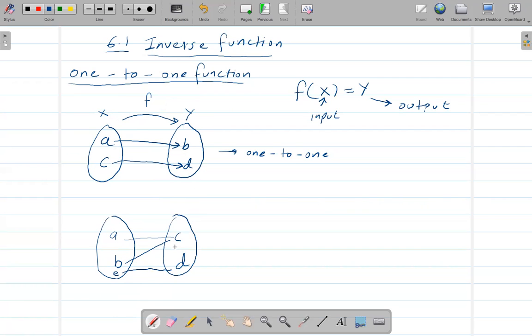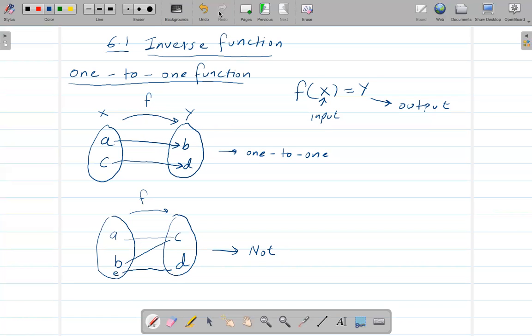So if we have two different inputs with the same output like this, where again this is the f function, we say this is not one-to-one.